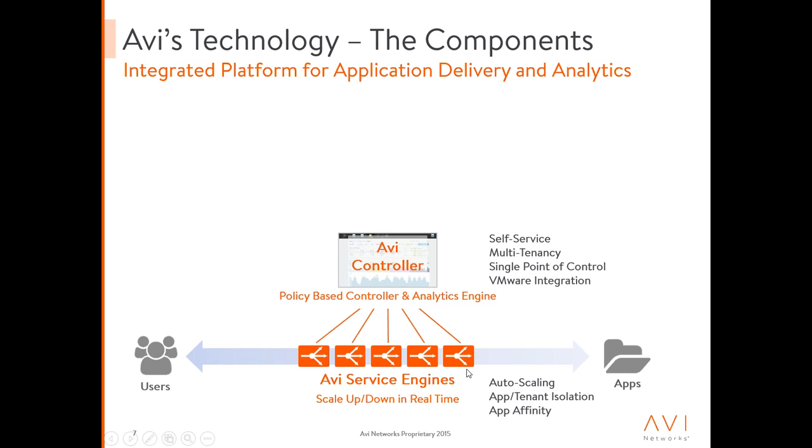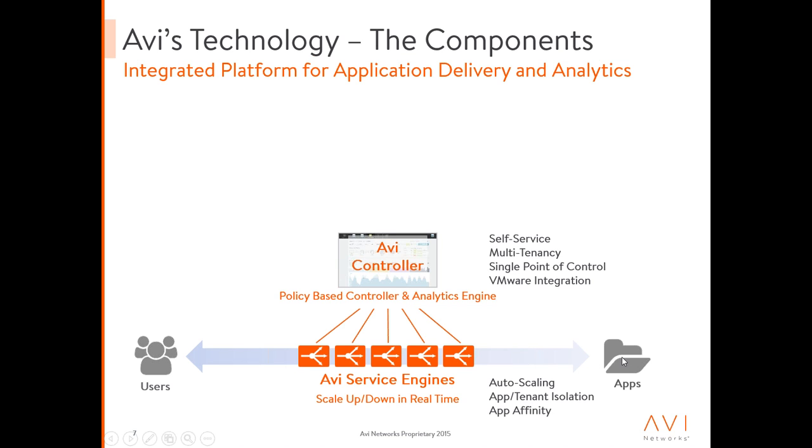It will spin up one or more service engines depending on how much overall throughput, how much overall capacity you need, or perhaps what application policies you might have in place, because you might decide every application is business critical in my environment, so they each need their own engines. So based on those policies, the controller spins up an engine in the data center, probably on the same x86 servers that you're running your applications on. The engines are merely a VM, and so is the controller.